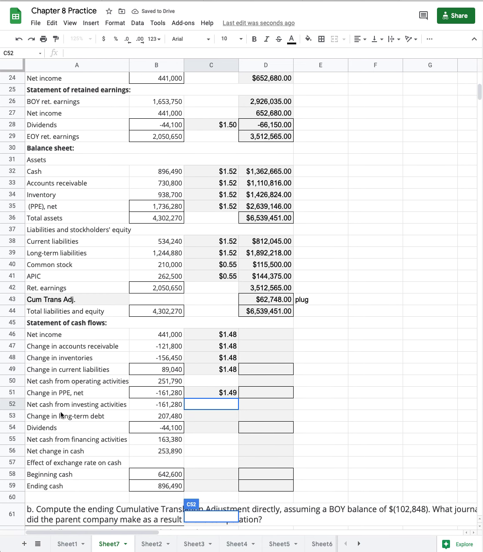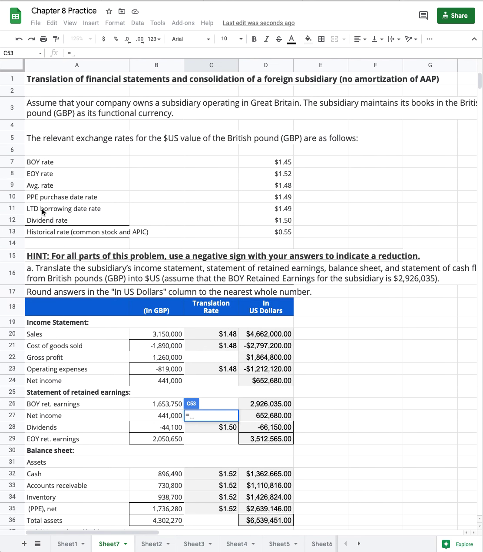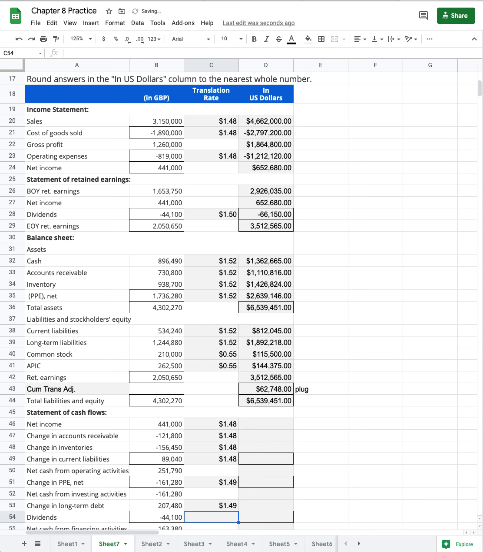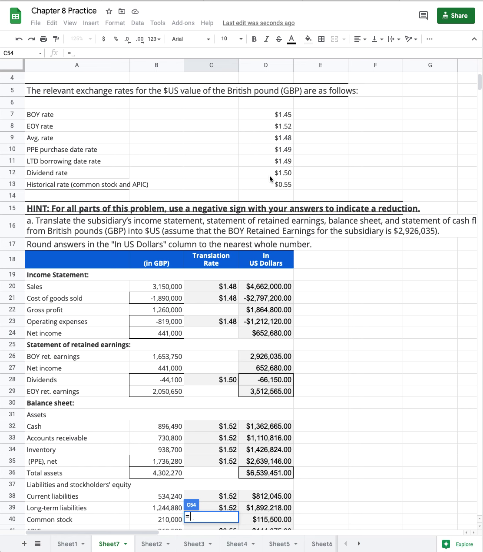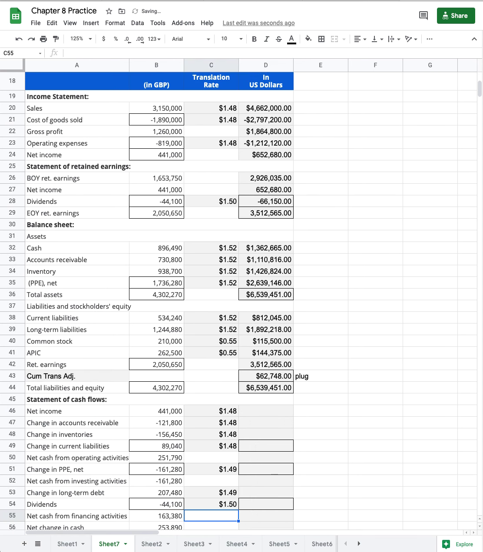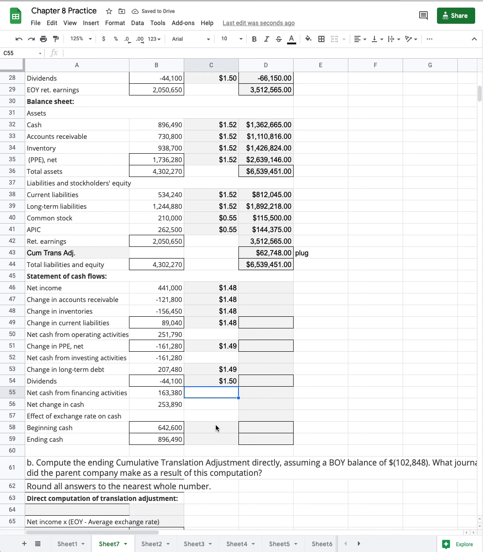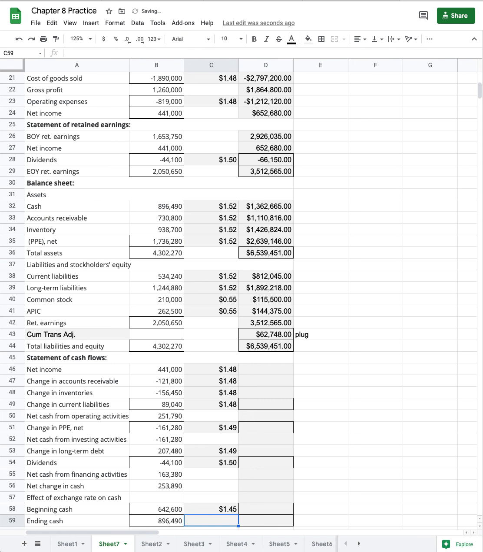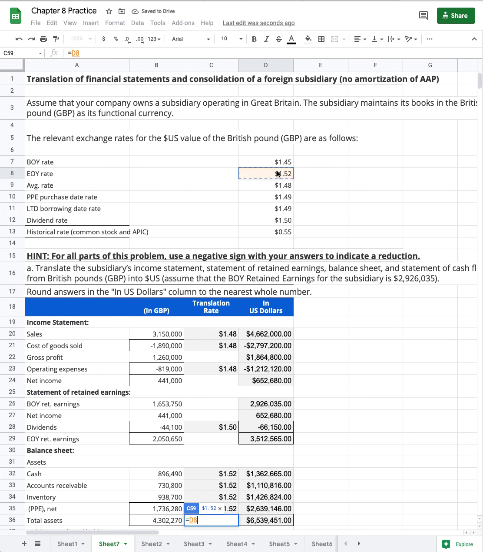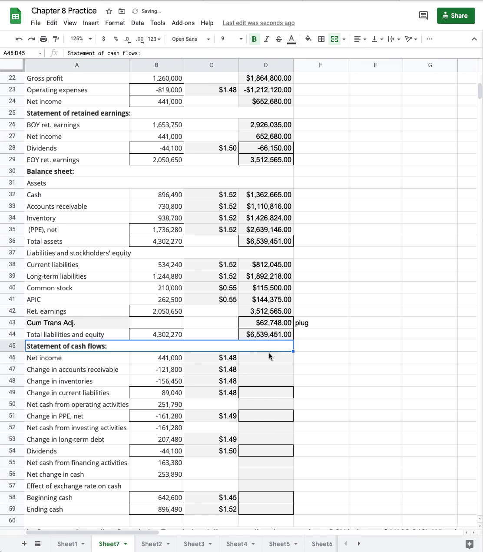For the change in long-term debt, we'll use the long-term debt borrowing rate of $1.49. Dividends, the dividend rate of $1.50. And then beginning cash, we'll grab the $1.45 from the beginning of the year, and our ending cash will grab the $1.52 from the end of the year.